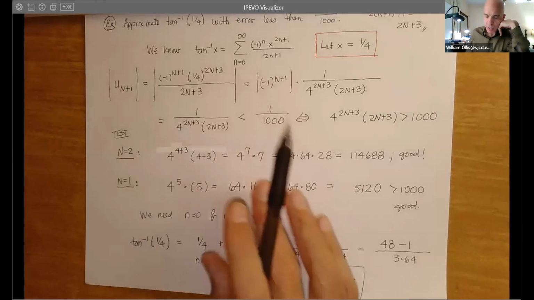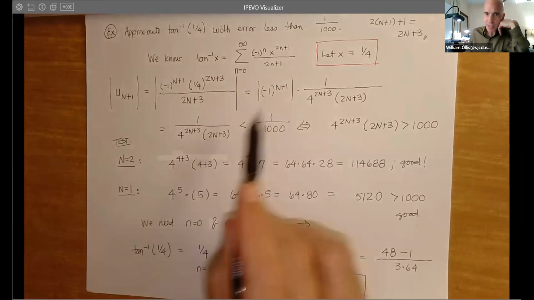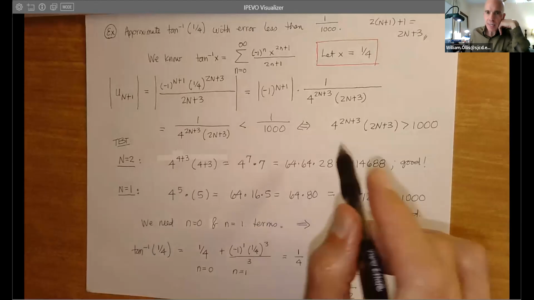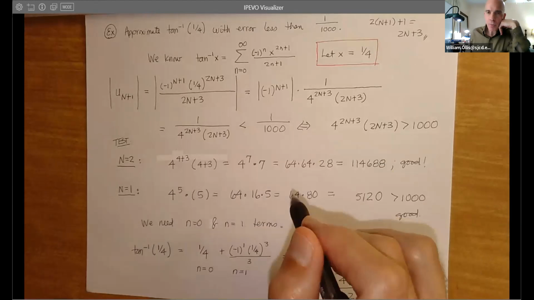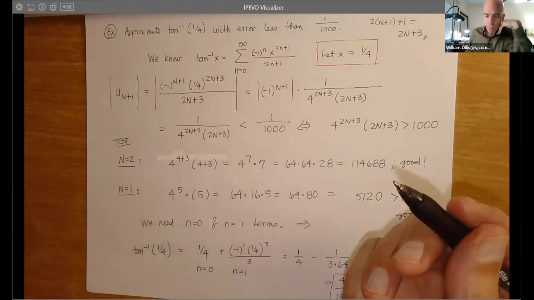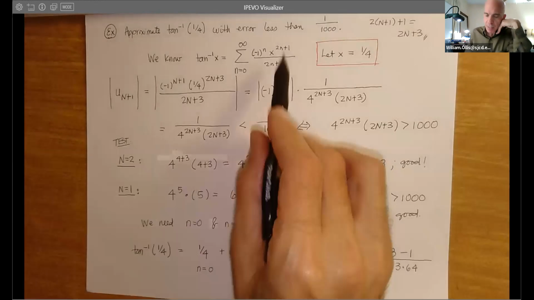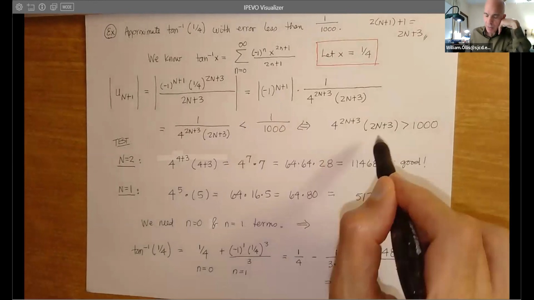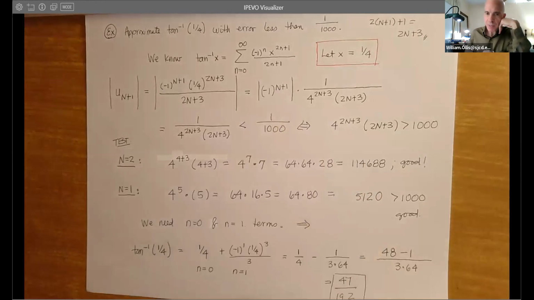Sometimes students just start adding terms and seeing what kind of result you get, how it improves. But if we have this alternating series and we just use the first neglected term theorem, then that makes this process a little bit easier.